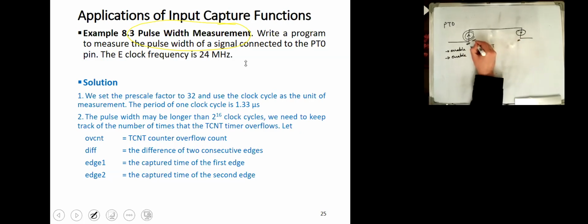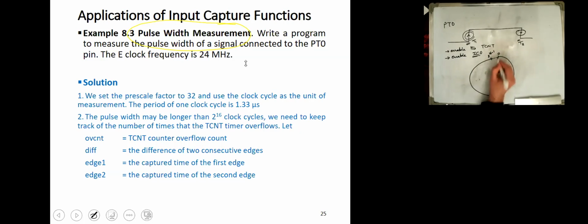Let's say this is time 1 and this is time 2. Basically, we said last time that our time reference for this timing functionality is the free running timer, which is a 16-bit timer. This timer runs from 0 all the way to 2 to the power 16 minus 1.